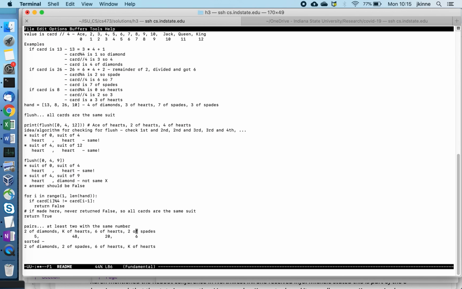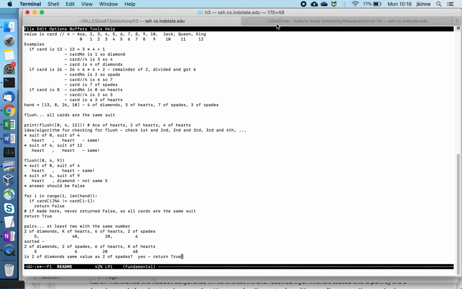So those are the numbers, and then if I put them in sorting order, this would be, okay, so if I just sort based off the number, it'll put them so that they would look like this. Alright, so then what I want to do is check, is 2 of diamonds same value as 2 of spades? Yes, so return true.